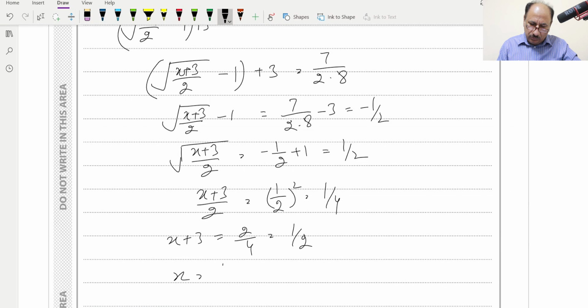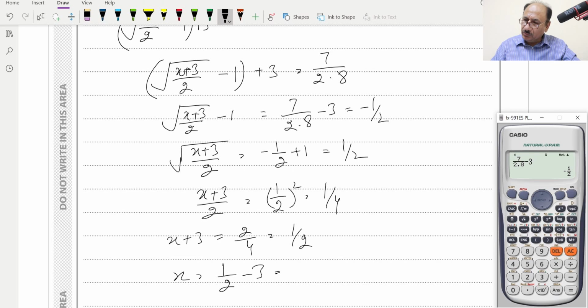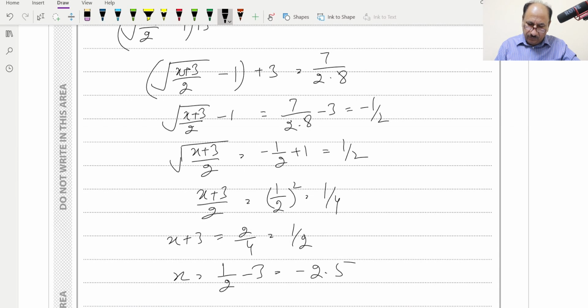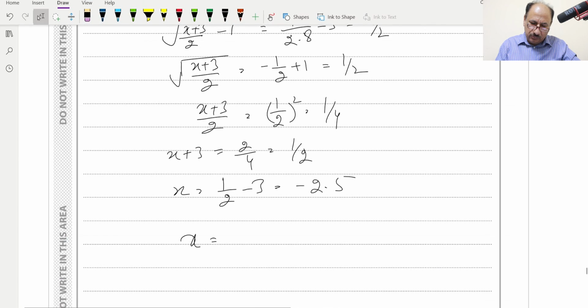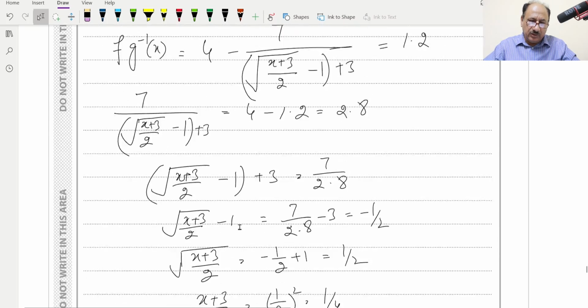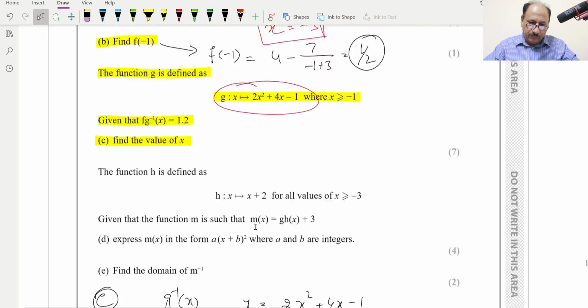So x is equal to 1 by 2 minus 3, and this will be equal to 0.5 minus 3 is equal to minus 2.5. So x is equal to minus 2.5. This will be our x value which we have found.